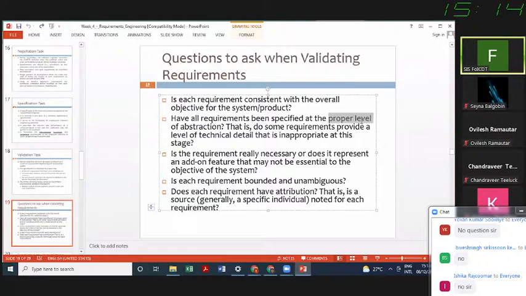What is meant by level of abstraction here is perhaps to what level of detail has it been specified. So at all of the levels of detail, is everything correctly specified? This is the level of abstraction.